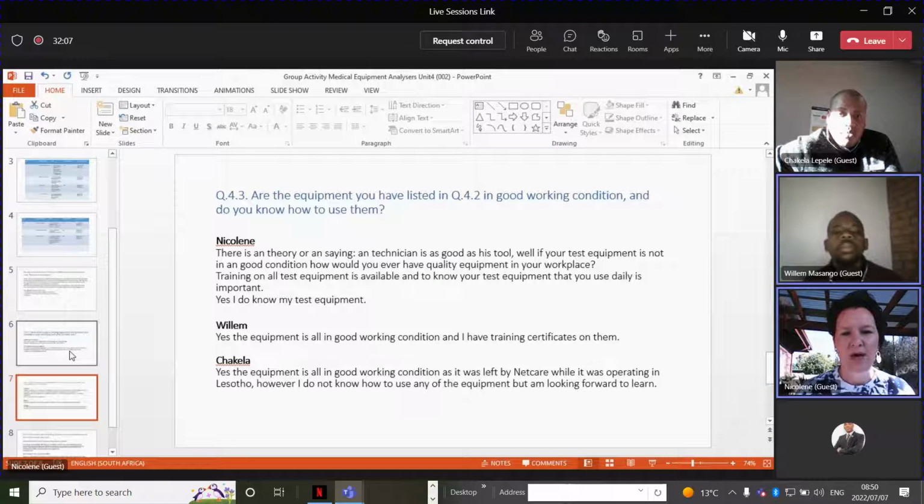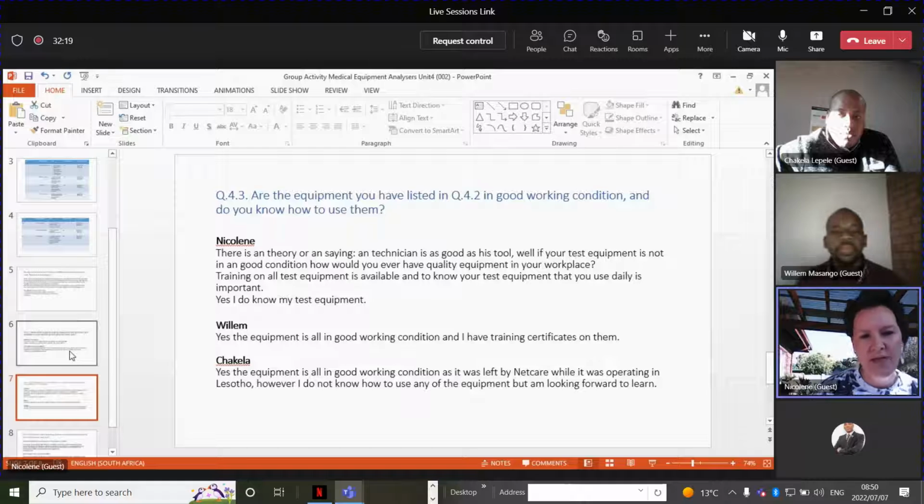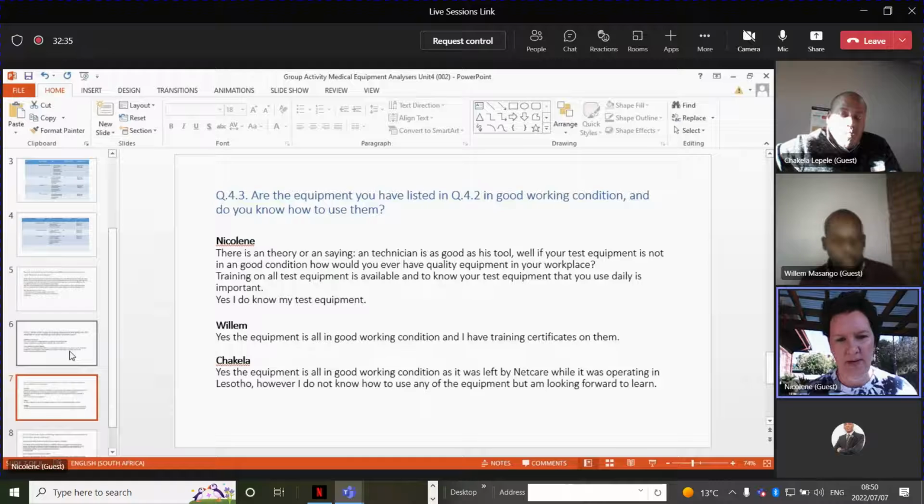Are the equipment you have listed in question 4.2 in good working condition, and do you know how to use them? There is a theory and a saying: a technician is as good as his tools. If your test equipment is not in a working condition, how would you have quality equipment in your workplace?